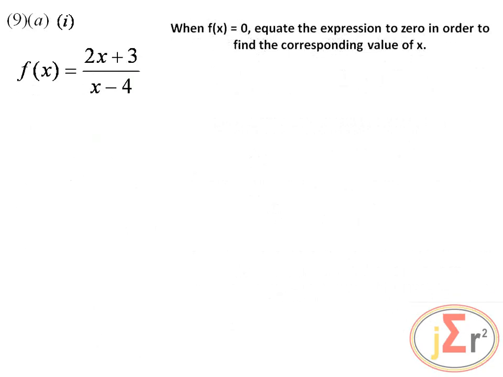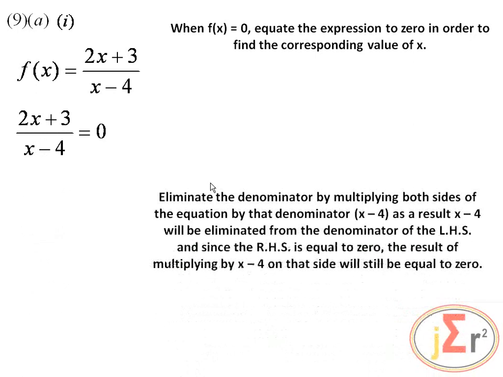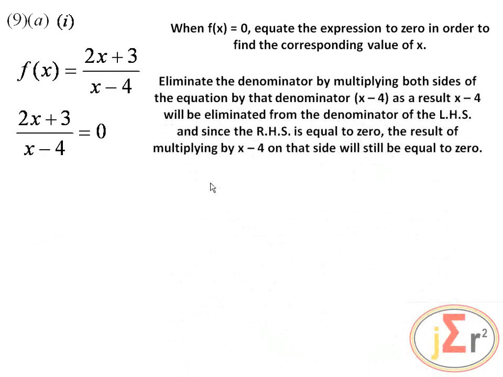We also need to determine the value of x when f of x is equal to 0. F of x is 2x plus 3 over x minus 4. So when f of x is equal to 0, then 0 is equal to 2x plus 3 over x minus 4. Or we may say 2x plus 3 over x minus 4 is equal to 0. And then we will solve that equation.